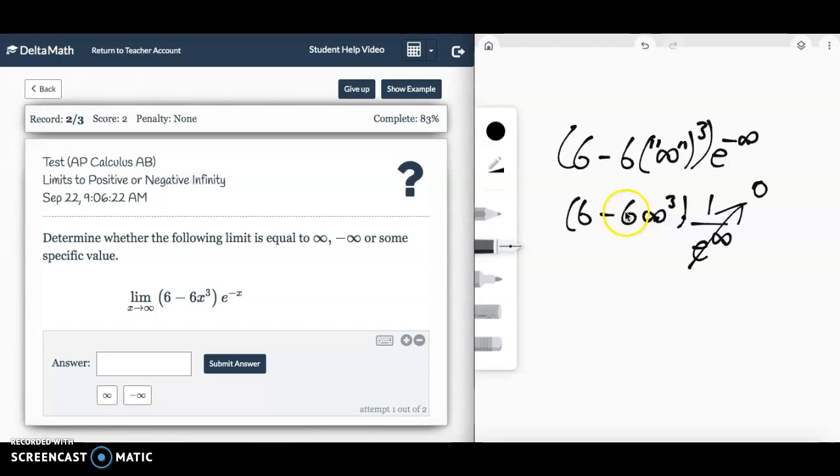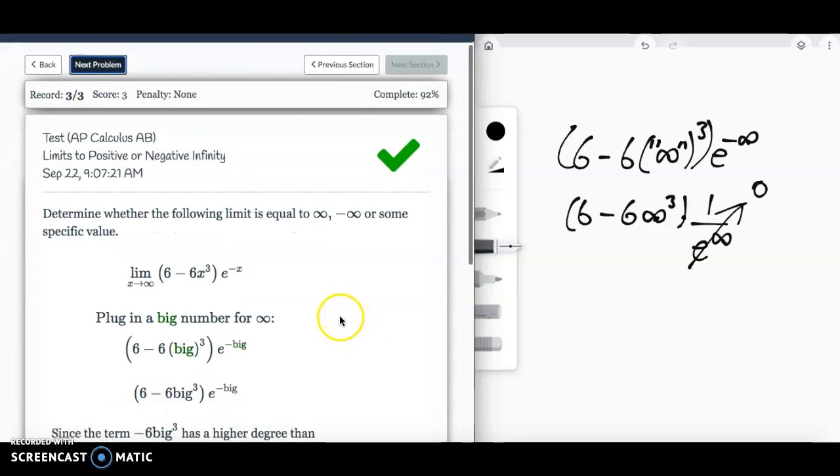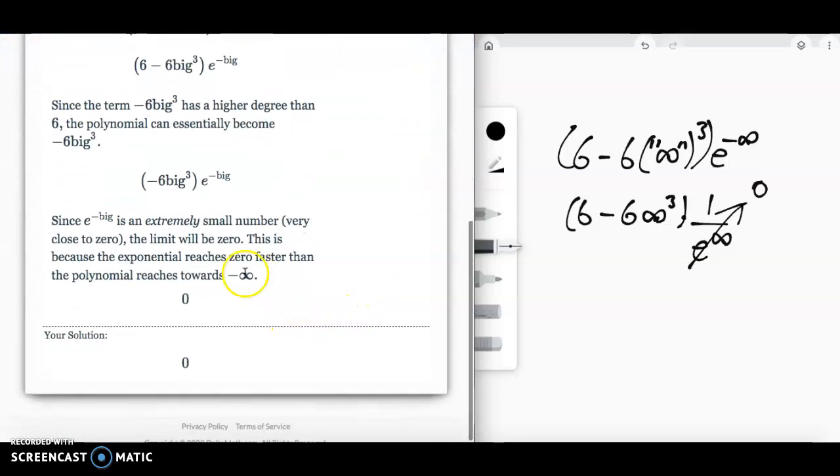So you're taking a negative infinity and multiplying it by 0. I'm pretty sure that ends up being 0. Yep. This is a very negative number, but e to the negative infinity is 0. So you're taking negative something and multiplying by 0, and you still get 0.